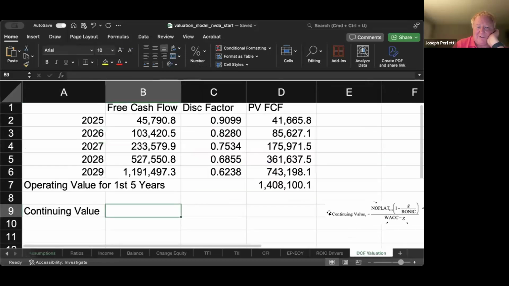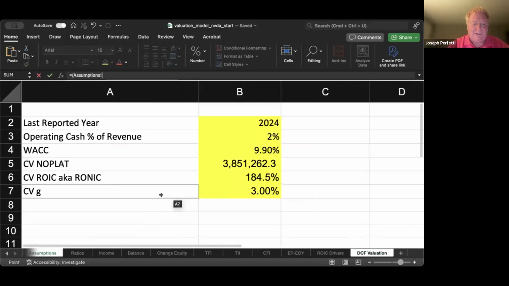We then go to our DCF valuation, and using that formula in cell B9, we're going to start building that formula. So equals left paren, assumptions, NOPLAT, B5, times left paren, 1 minus the growth, B7, divided by the ROIC, B6, right paren, divided by left paren, WACC, B4 minus G, B7, right paren, enter.